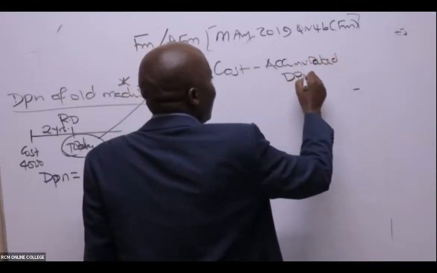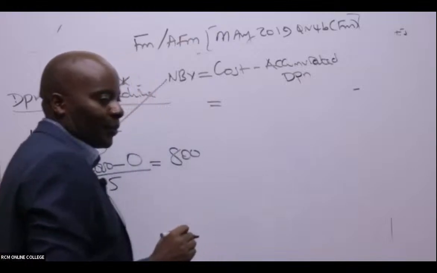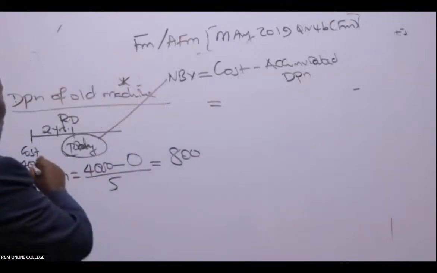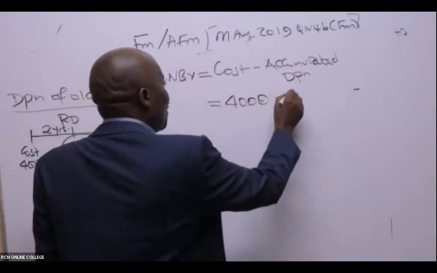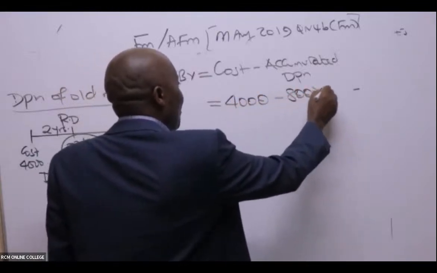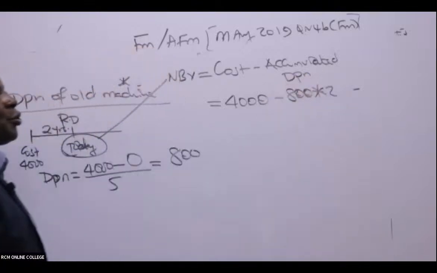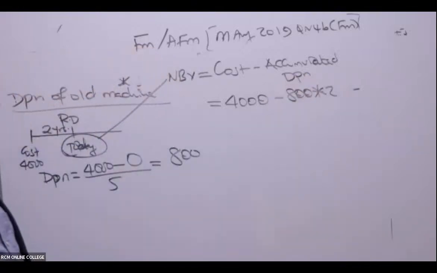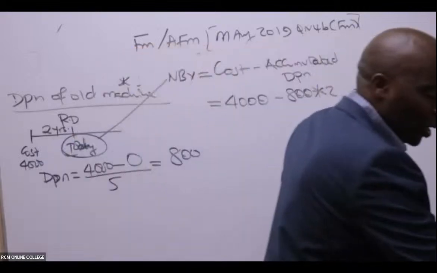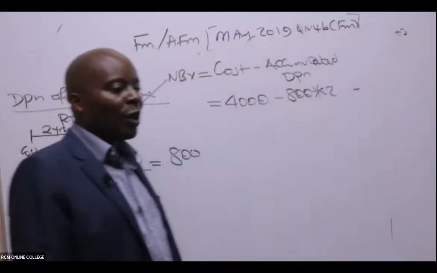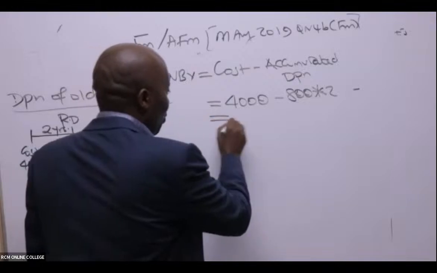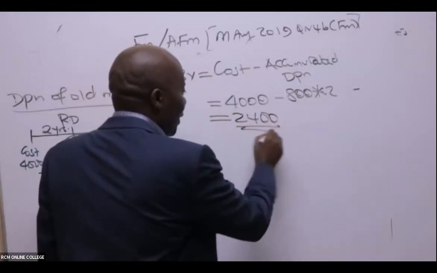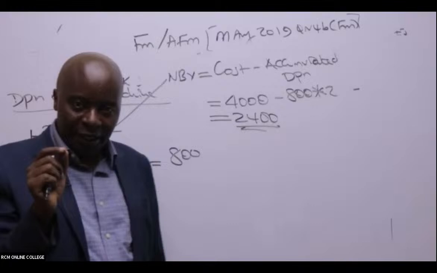The cost was 4,000. Depreciation is 800 per year, but remember, we acquired this machine 2 years ago. So this gives me a net book value of 2,400 as of today.